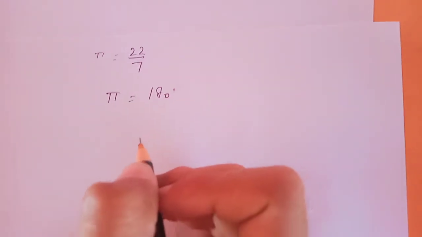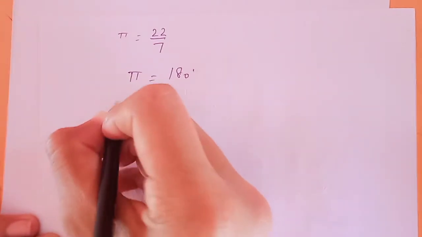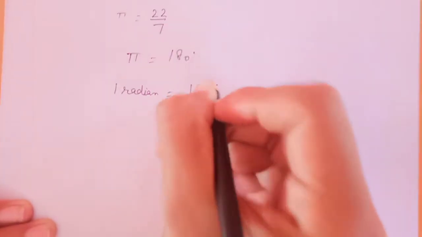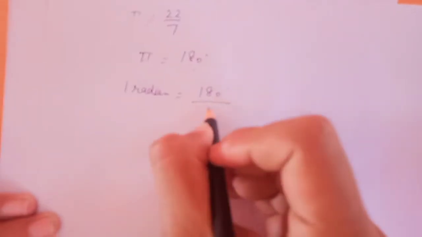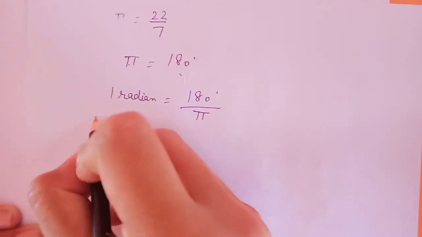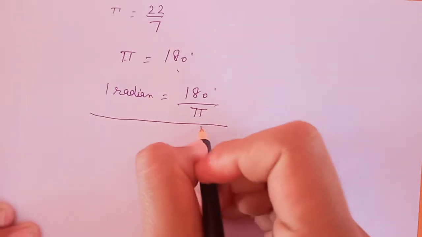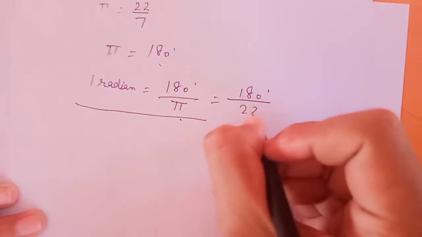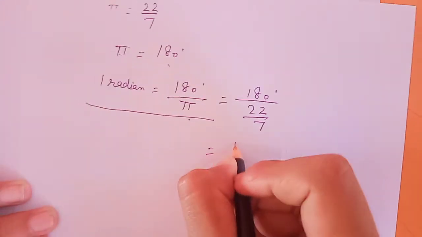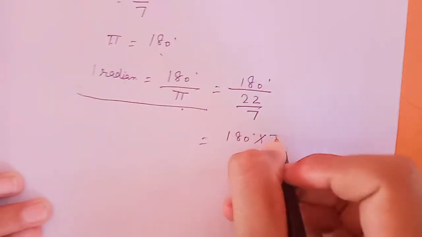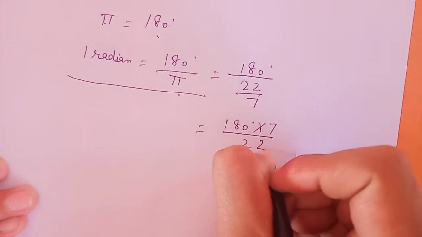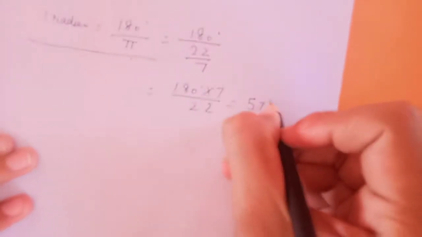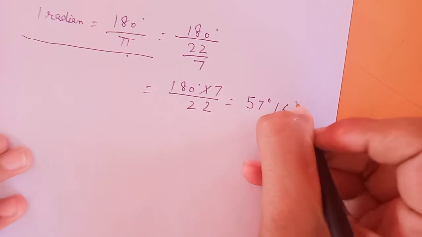So if we want to find the measure of 1 radian, 1 radian will be equal to 180 degrees divided by pi, since pi is shifted to the denominator. Now if we put in the value, it is 180 degrees into 7 by 22. If we solve it, it will be about 57 degrees and 16 minutes.